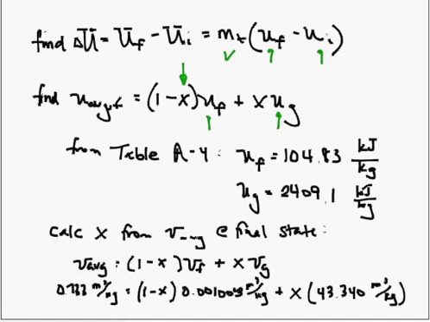I'm going to go to the next slide. From that calculation, I get that my final quality is 0.017. And again, I just calculated what we saw on the previous slide. Now I'm going to plug that quality into my calculation for specific internal energy.